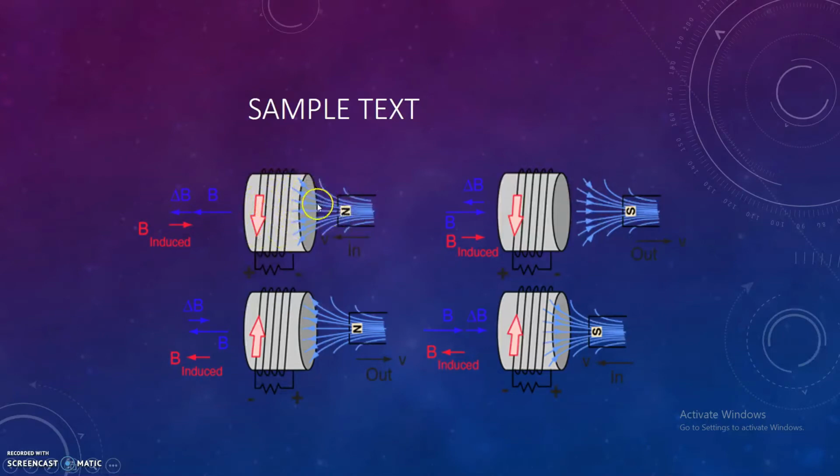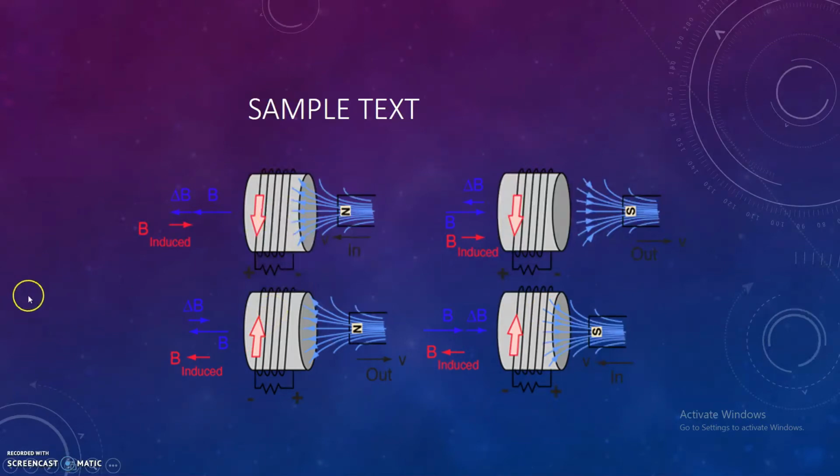In the examples here, if the magnetic field is increasing, the induced field acts in opposition to it. And if it is decreasing, the induced field acts in the direction of the applied field, this way to the left, to try to keep it constant.